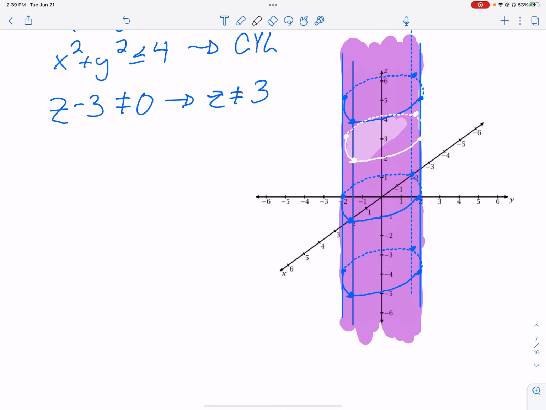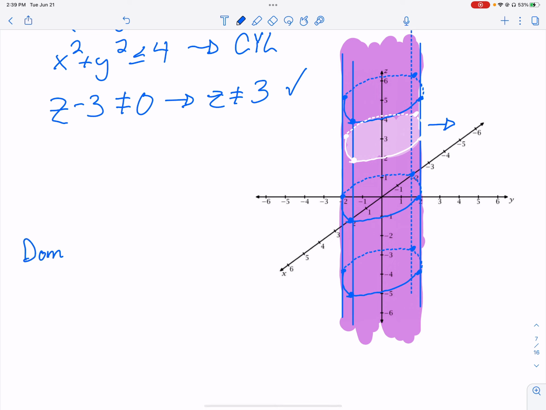So we get like this disk here, right, at 3. And this disk is going to be removed from that cylinder. So I have that whole cylinder there, but z can't be equal to 3, which cuts that disk out. So I can choose any point for this domain in that cylinder, on the cylinder, inside the cylinder, except if z equals 3. Hopefully that makes sense to you.